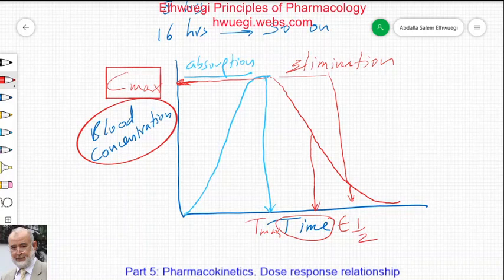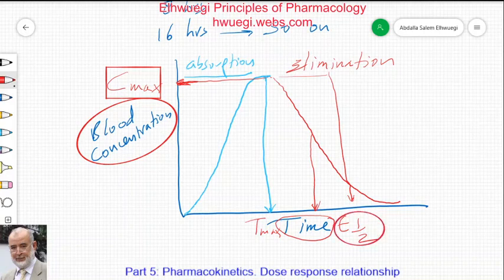Then elimination starts and the drug will be eliminated by the body, and therefore the concentration in the blood will decrease till it reaches 0. This is the elimination phase of the drug, and the time at which Cmax becomes half, 50%, is known as T-half.